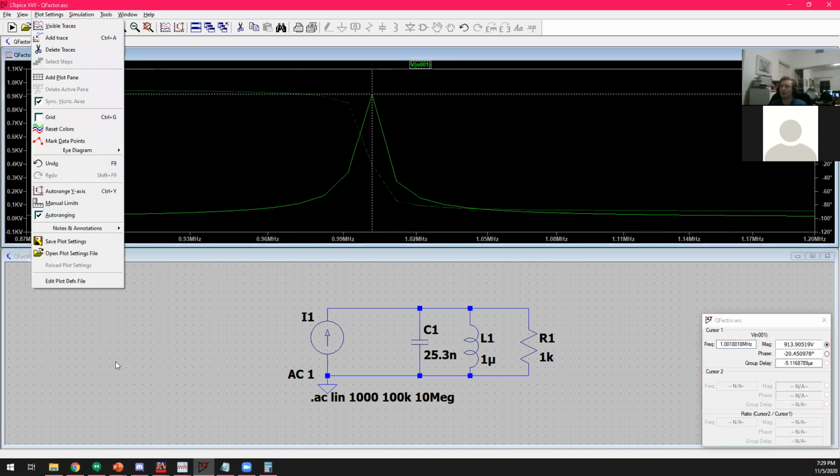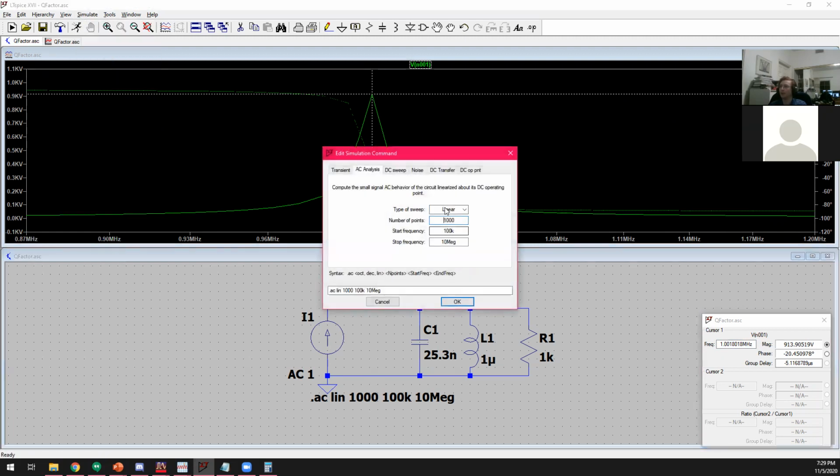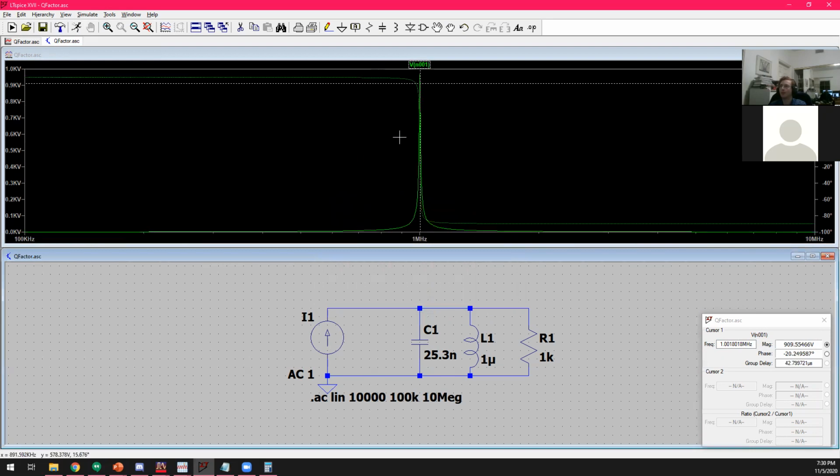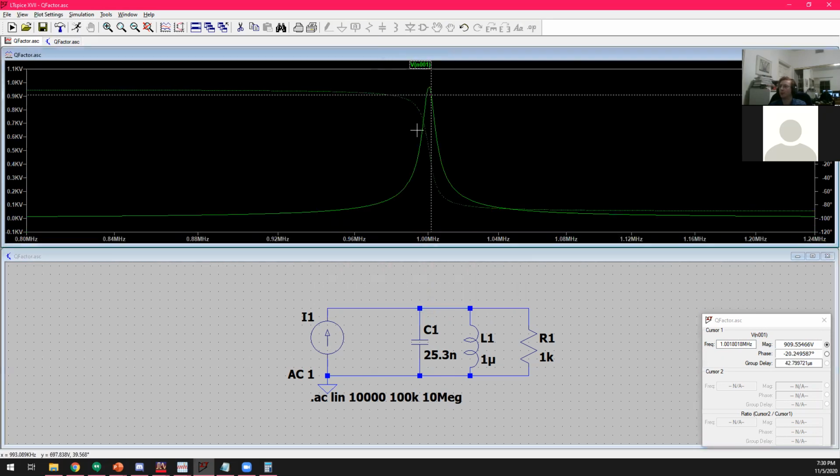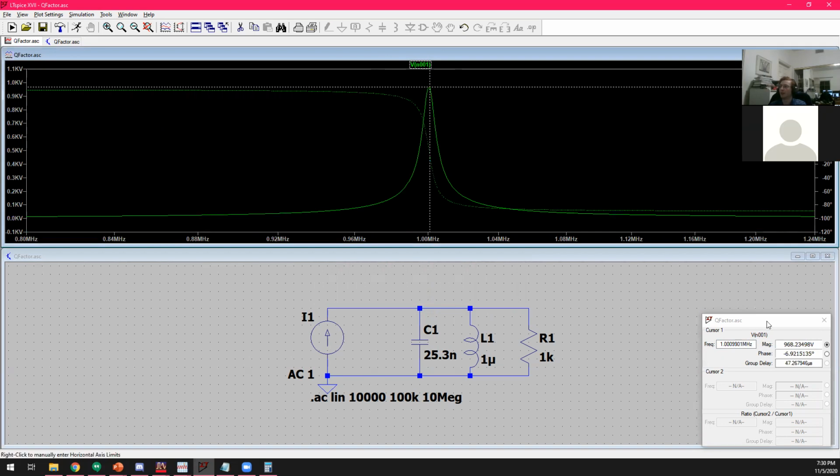I can add more points to the simulation. Let me go like this. All right, so that'll give us more resolution. And yeah, we're basically getting 1 kilovolt. But you also notice something else that happens. Let me go back to 1 ohm.